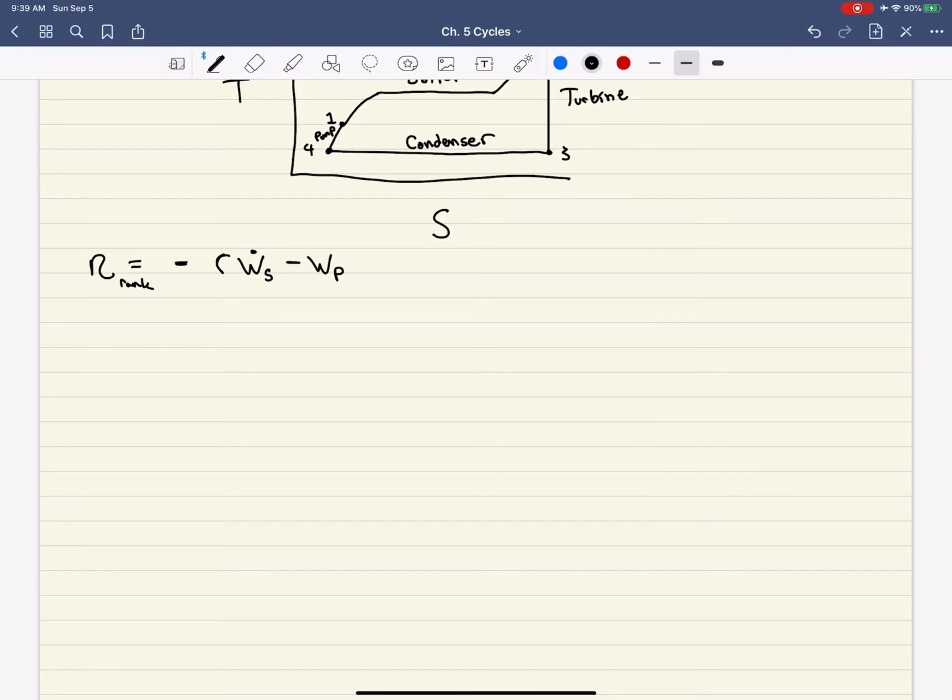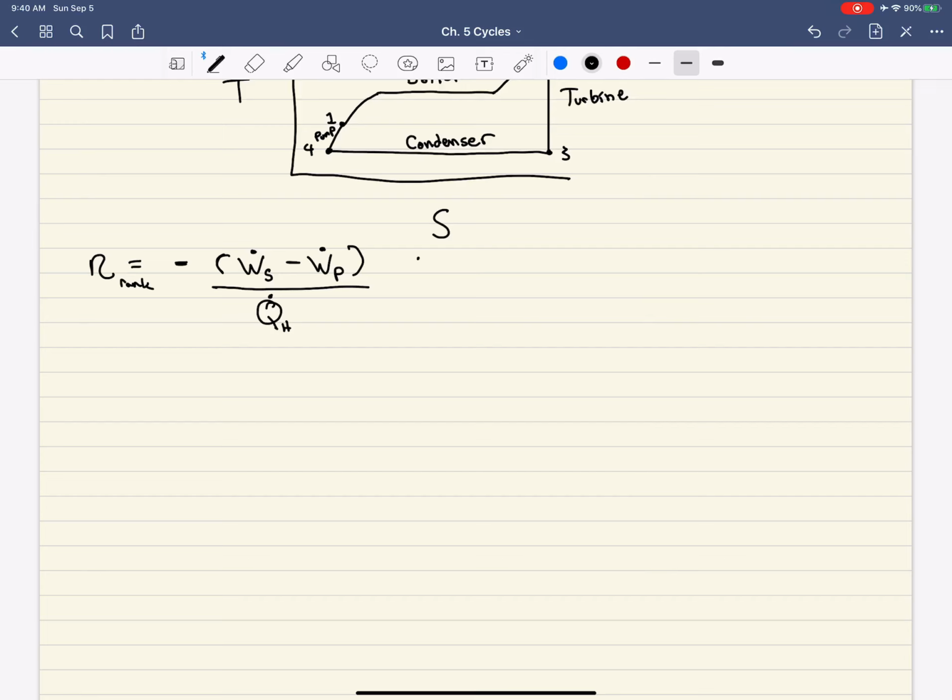And what we want to subtract off is the work of the pump. That'll give us the total work of the system. And then we want to compare that to the heat that we need to put into the system in order to boil that vapor. Okay. And so this is how you would calculate the efficiency of the Rankine cycle.